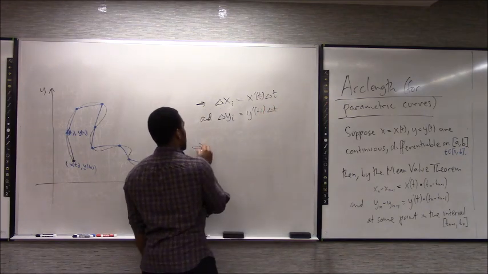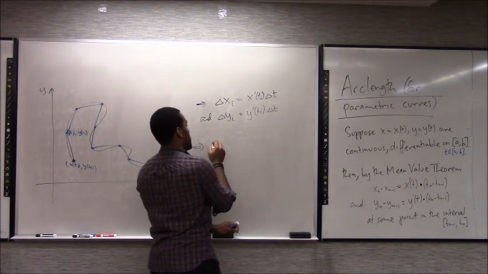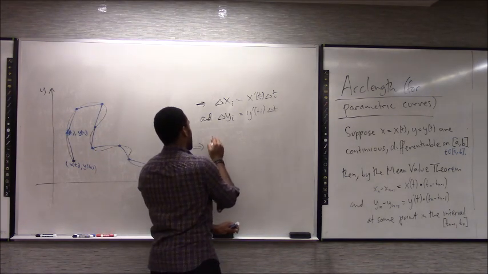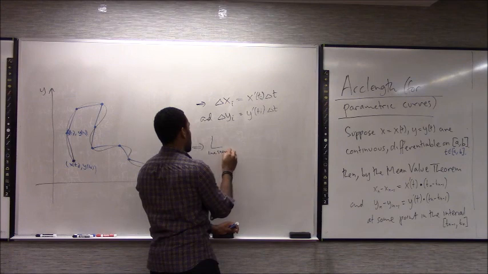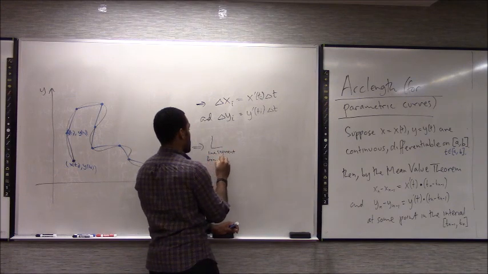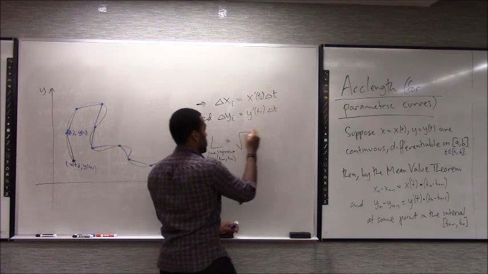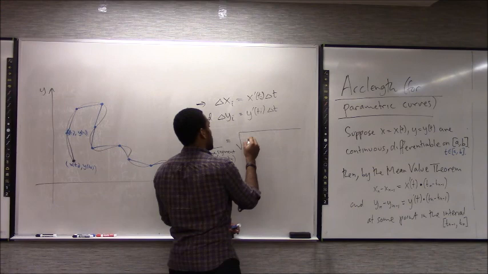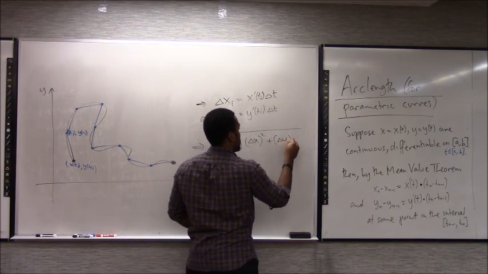And so here's what we have. The length of the line segment from t_{n-1} to t_n, using the distance formula, is going to be the square root of the change in x squared plus the change in y squared.